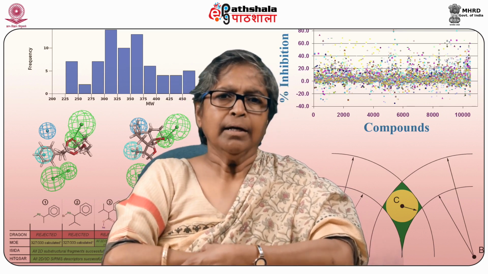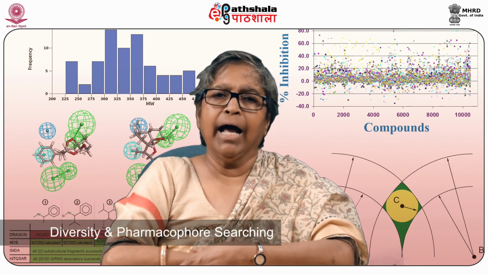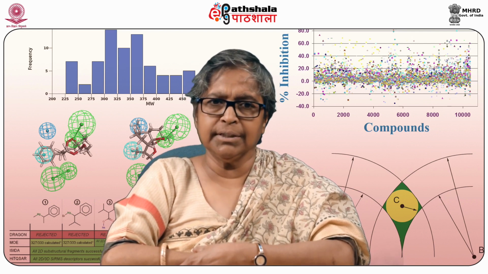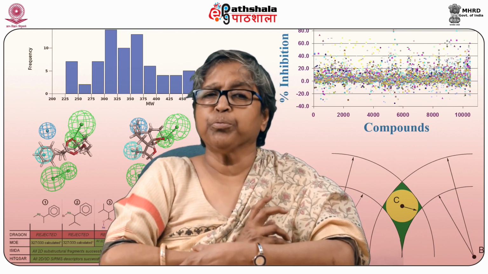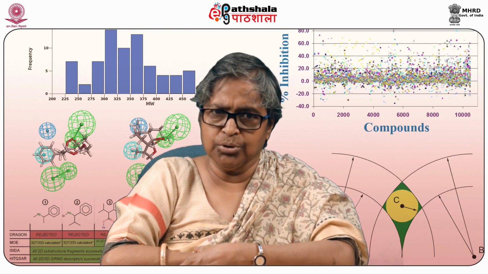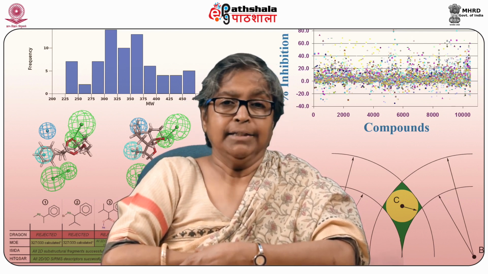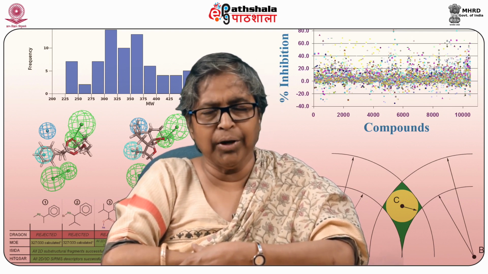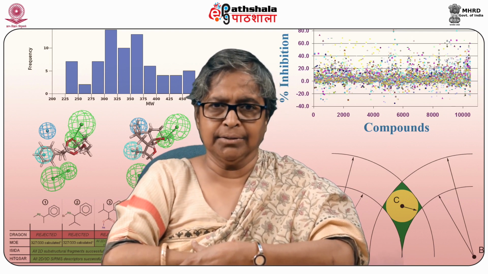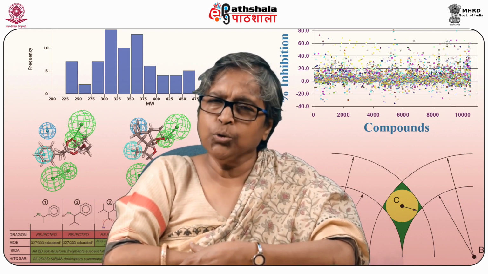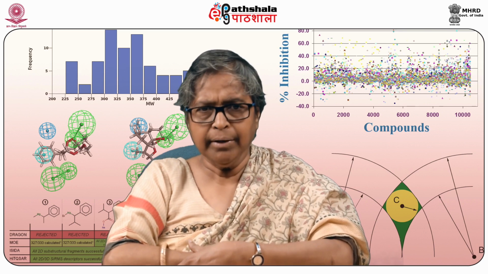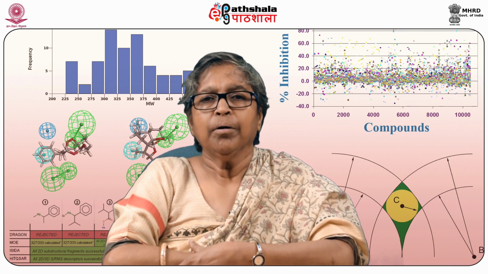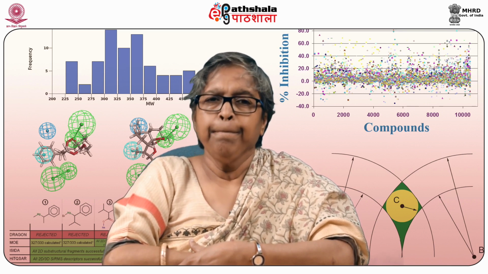One thing we learned is that having diversity and pharmacophore searching is very efficient for large database searching, and gives more probability that you get lead compounds. Data should be analyzed for its size, shape and other diversities like molecular weight, maybe the C log P, etc., to generate a virtual library, and the pharmacophore search should be done using that virtual library.